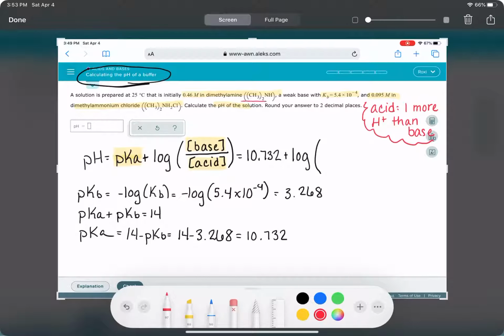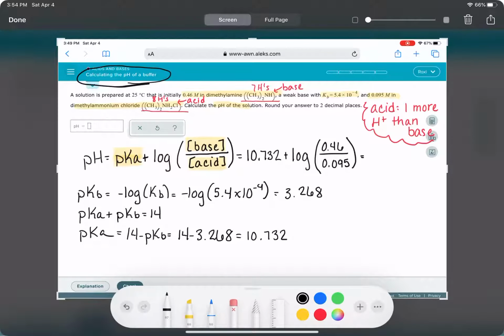This guy over here has got 3, 6, 7 hydrogens, and this guy over here has got 1, 2, 3, 4, 5, 6, 7, 8 hydrogens. This one has the extra hydrogen, so this is our acid. And this is our base. Now that we know which is which, the concentration of our base is 0.46 molar. The concentration of our acid is 0.095 molar.